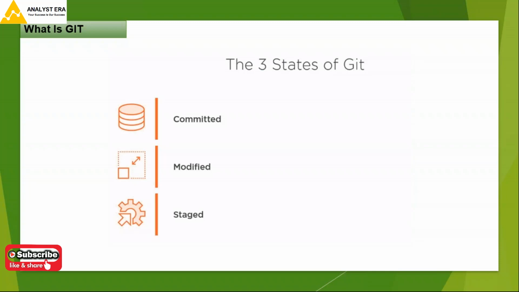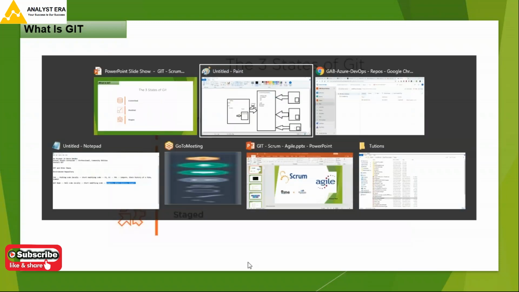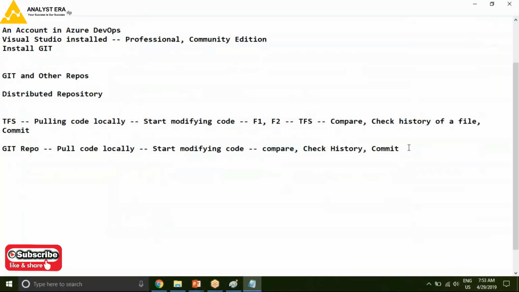Then you have staged. What is staged? When you are checking in code, you can take the code into a staging state. Say I have 5 files which are modified. I do not want to check in all the 5 files. I only want to check in 3 files. So how can I do it?